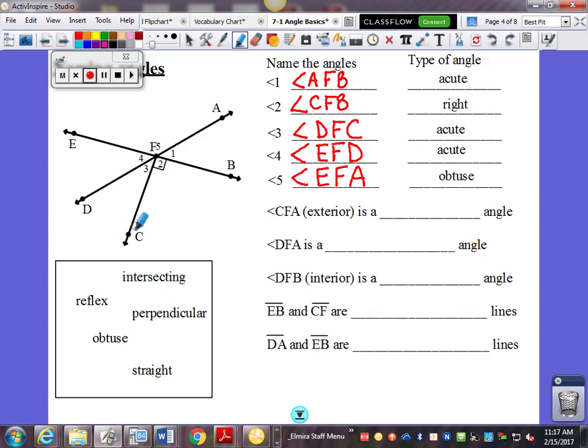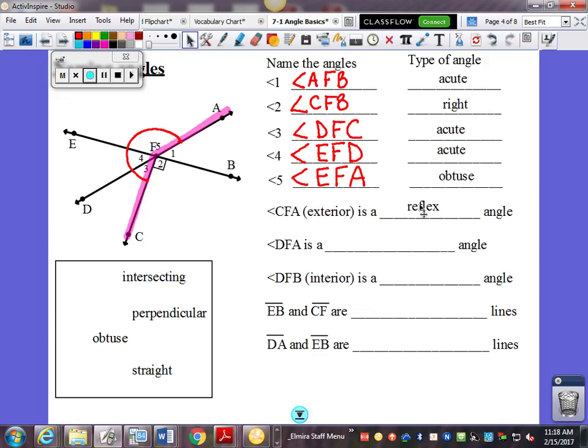C, F, A. I'm ignoring this ray and this ray with the B, and I'm just talking about these two rays. What kind of angle do they make? Critically, it has the word exterior on it, so I'm not talking about that part. I am talking about this part, the exterior angle.